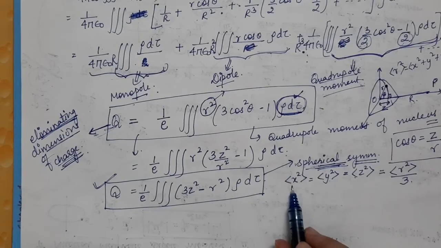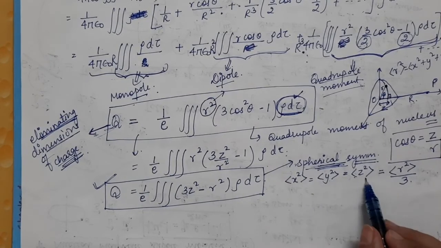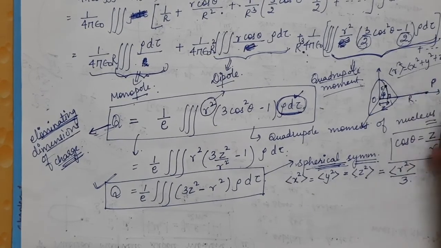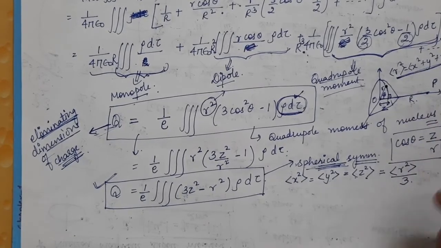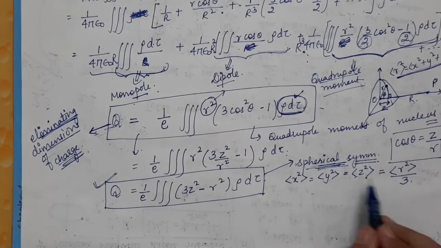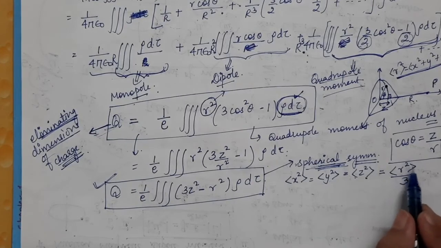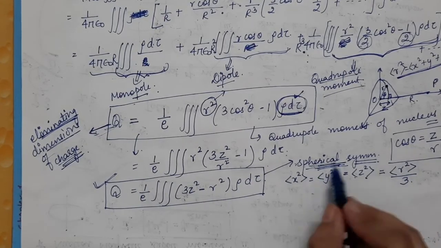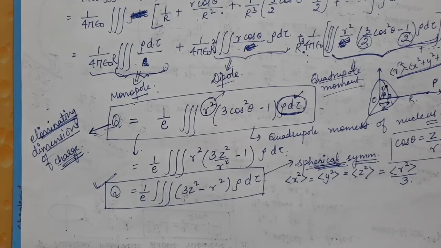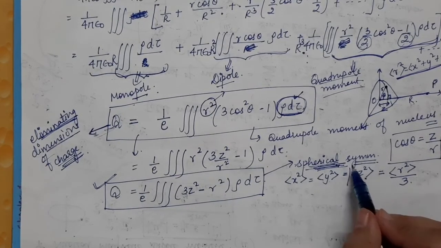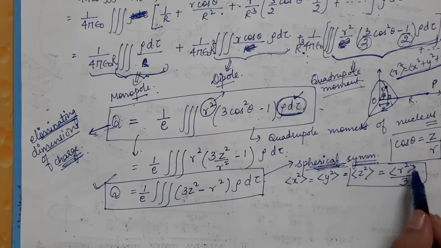So if the averages of x square, y square and z square are equal, using this equation these three terms will each be equal to the average of r square divided by 3.